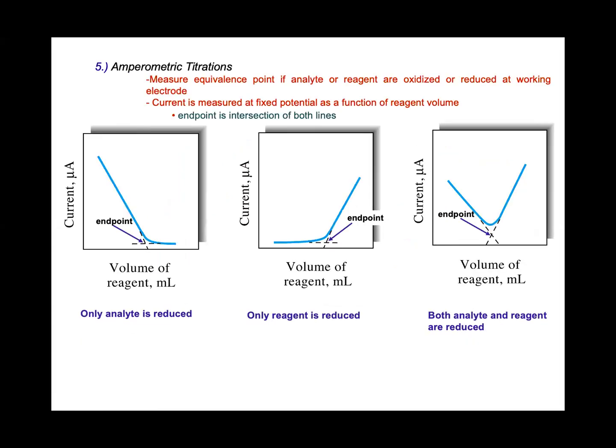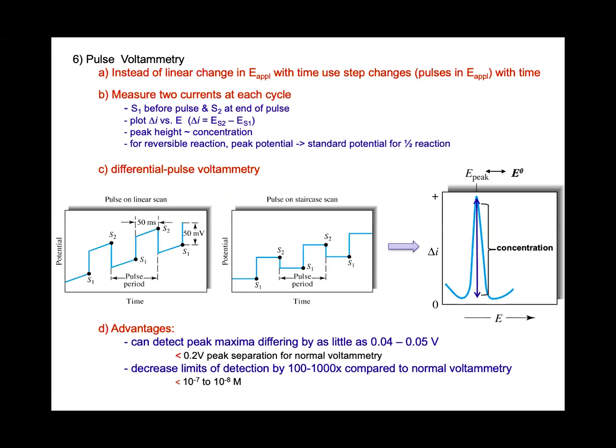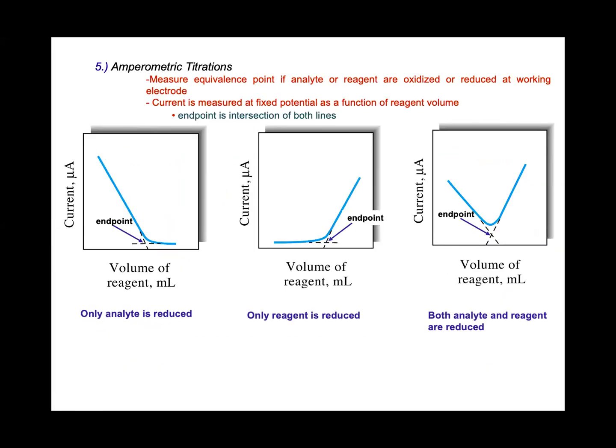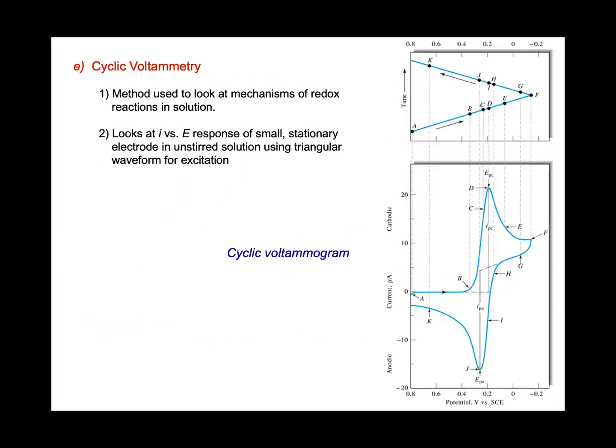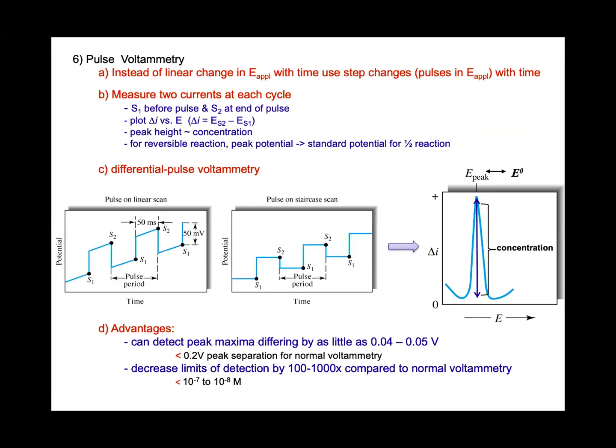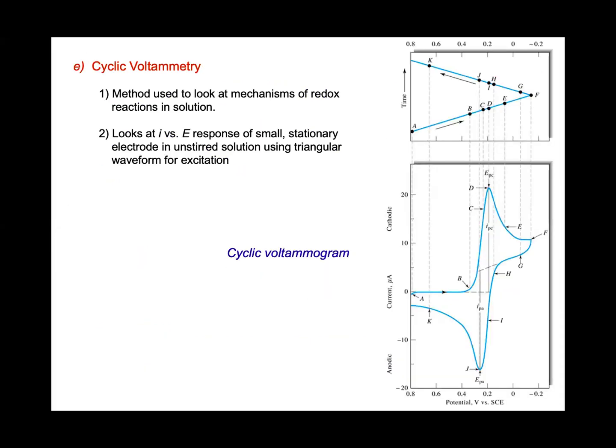I'm not going to discuss this, but I'm giving you the information that under voltammetry, there is what we call amperometry. The voltammetry itself has a few types, different methods: amperometry, pulse voltammetry, such as the differential pulse voltammetry, DPV, that I mentioned just now, and we also have cyclic voltammetry.